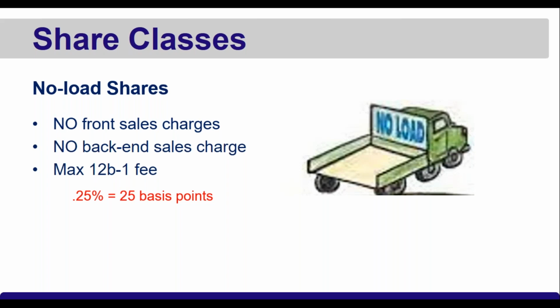Well, can you describe it as no load if it's got a 12B1 fee of 0.27? Nope, you cannot. Even if there's no sales charge, if the 12B1 fee is greater than 0.25, the fund has to describe itself as having a sales charge. Okay, so that's no load.